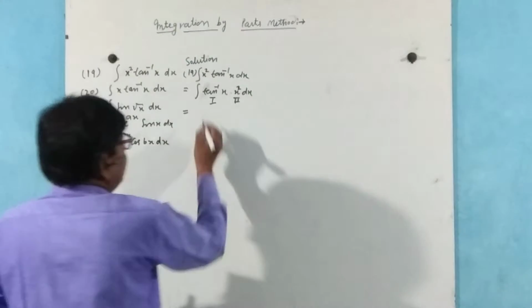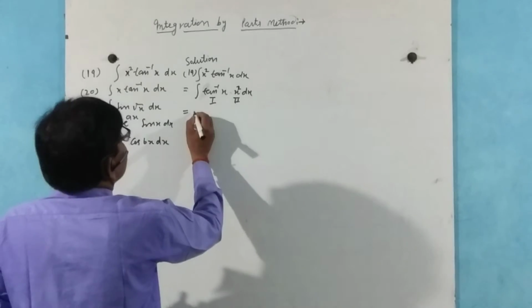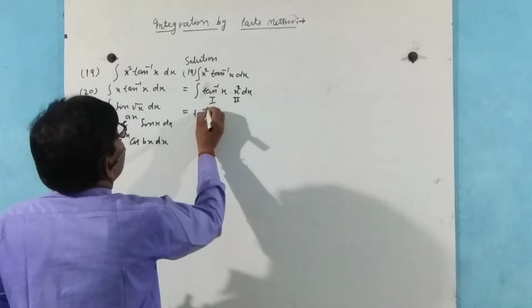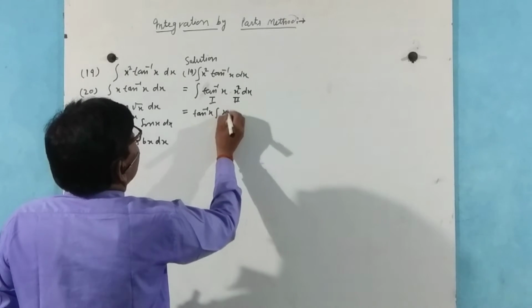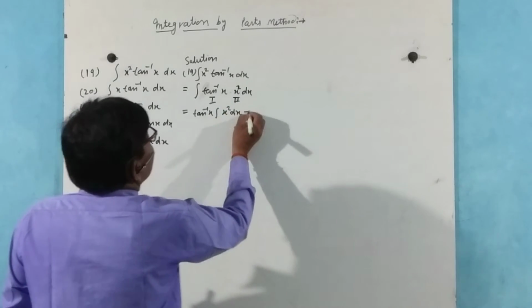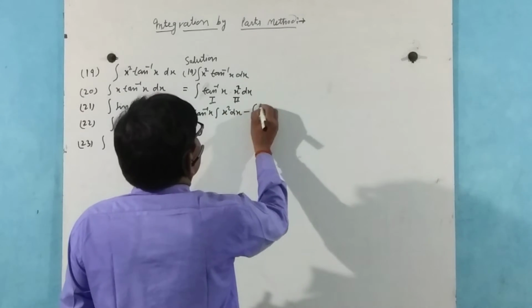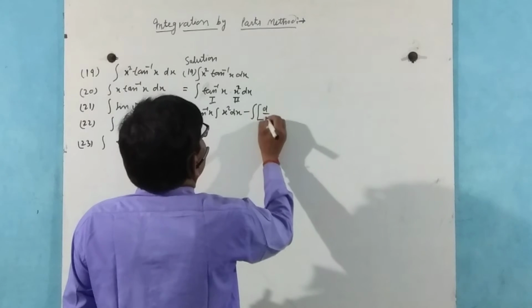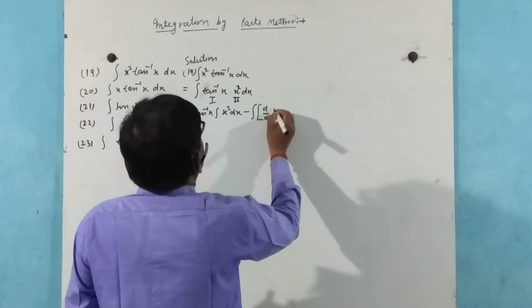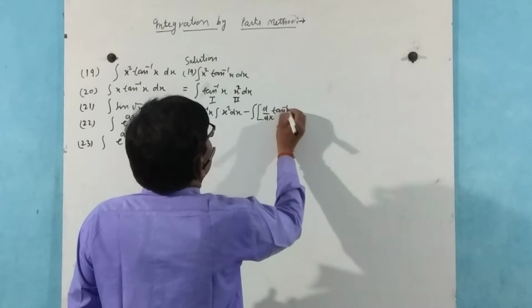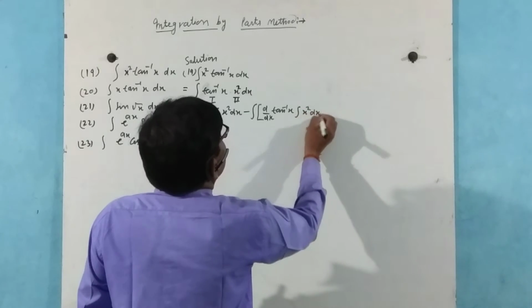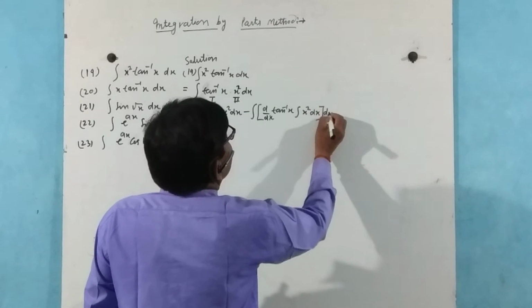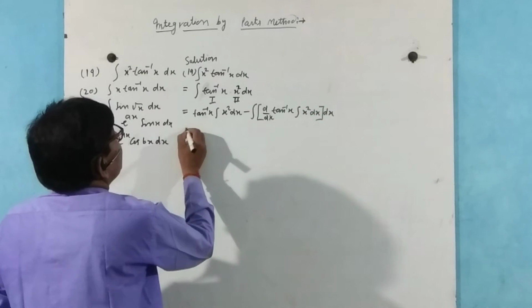Now, the product of the first function tan inverse x and the integration of the second function x square dx, minus the integration of the derivative of the first function, d by dx of tan inverse x, times the integration of x square dx.